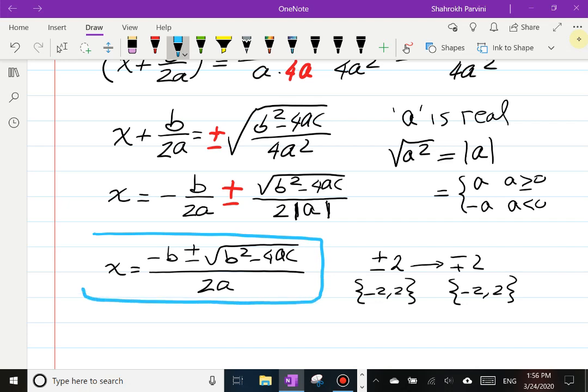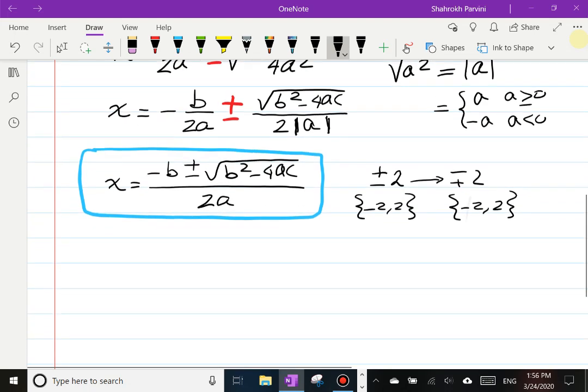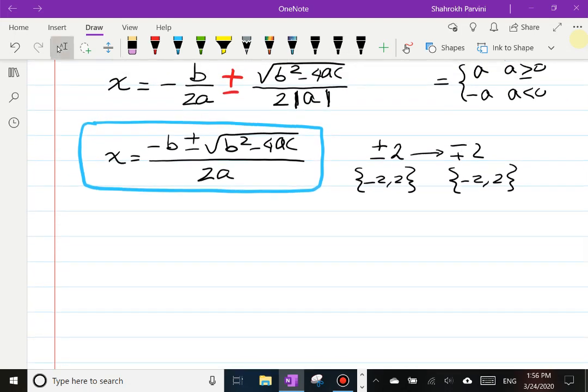So notice we have the solution for x. In order to use the quadratic formula, all we have to do is simply identify the a, b, and c in the equation and just make sure that we mind the order of operations, and everything's going to work out nice.